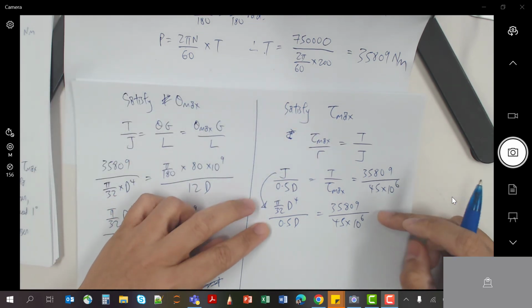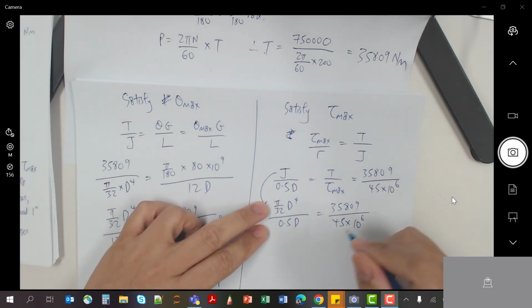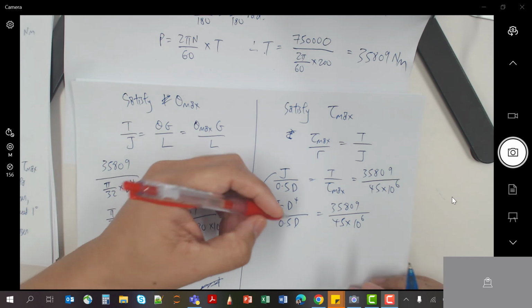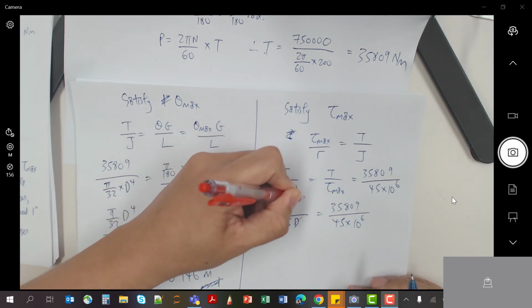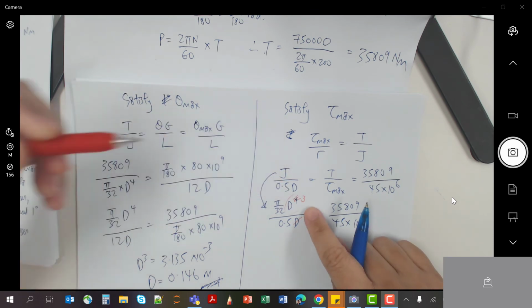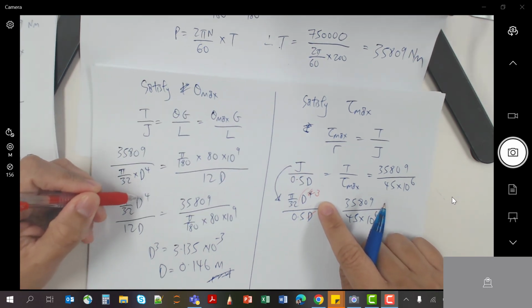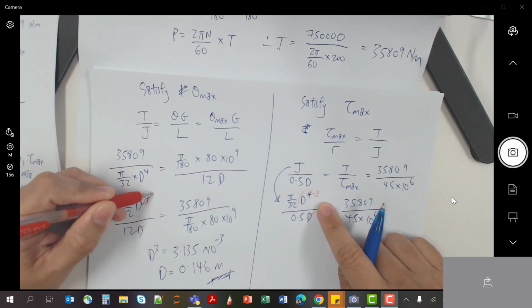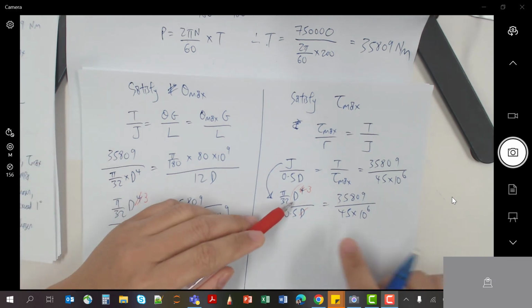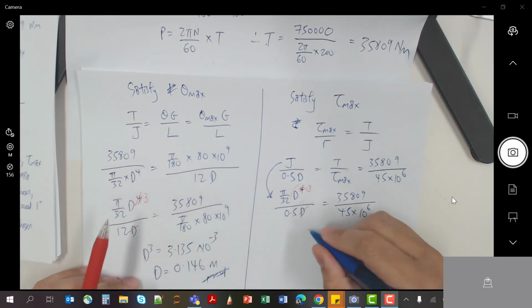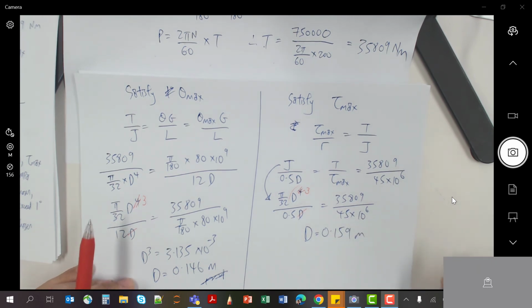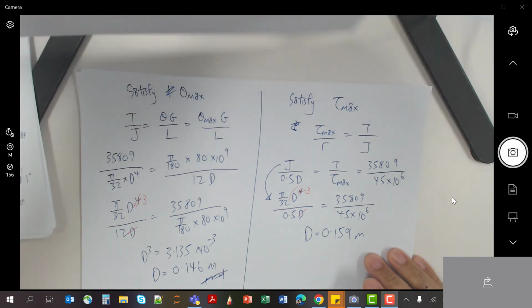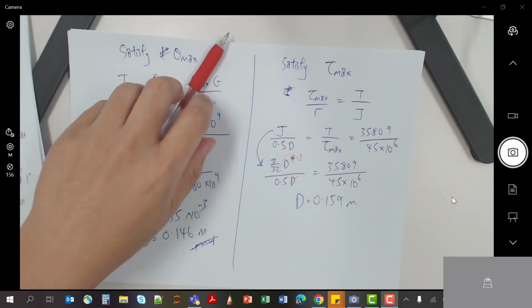Again, you're going to solve until you get a d cube, because the top d and the bottom d cancel out, and I'm left with a d cube. Same case as the previous one. So you have d cube equals some number, and your d is going to be 0.159 meters. So what does this mean?